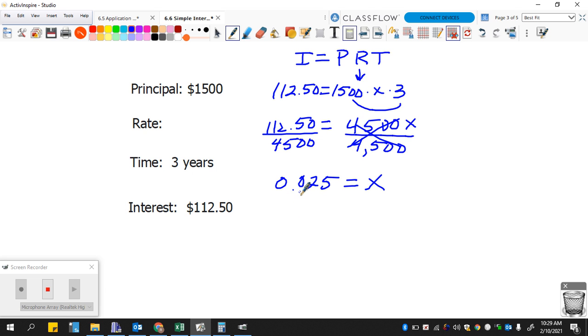So to change this decimal to percent, we move our decimal point 2 times, and we end up with 2.5% is equal to our X. So our interest rate, if we invest $1,500 in order to make $112.50 over 3 years, we'd have to get 2.5% interest.